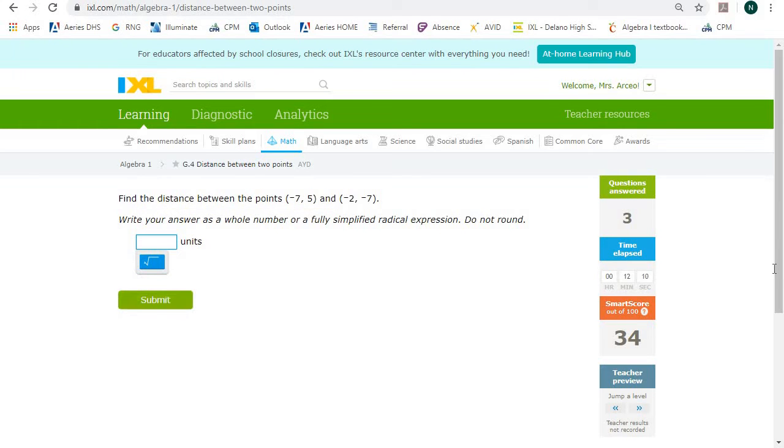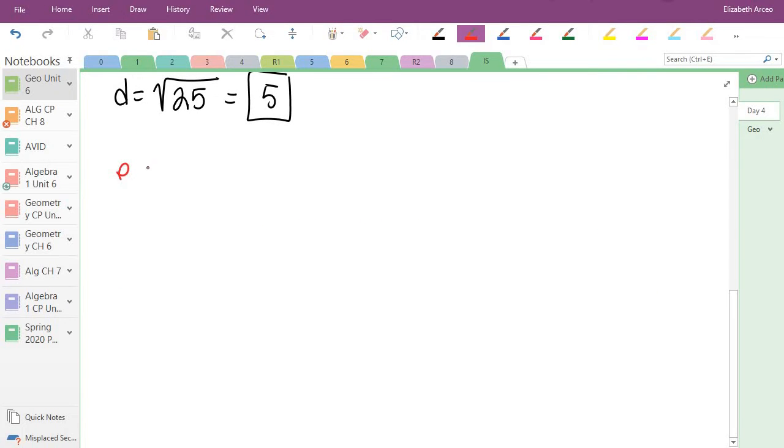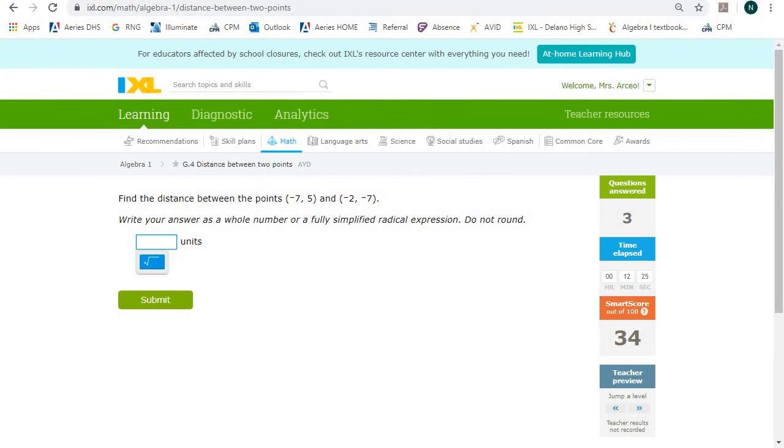Next example, 7, 5. I'm sorry, negative 7, 5. Negative 7, 5, and then negative 2, negative 7. Check. Yes.